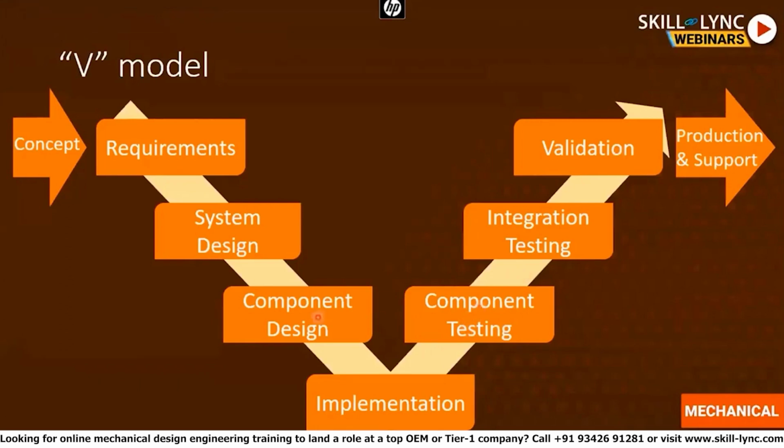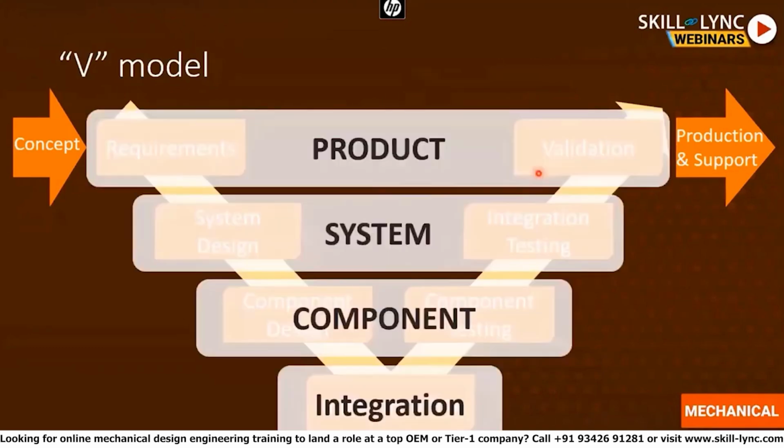Of course, component testing is the same as what the component is designed individually, that has to be tested. And integration testing. After integrating each component into a single system, it has to be tested. Each system has to be tested individually. And after each system is tested individually, these systems will be integrated again into a final passenger car. So the final validation will happen here.